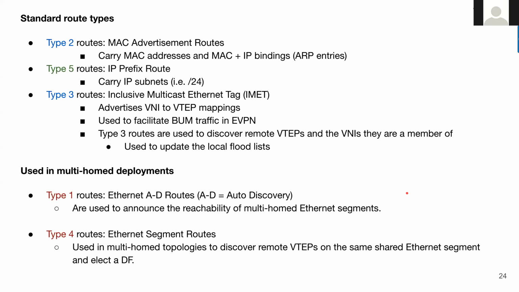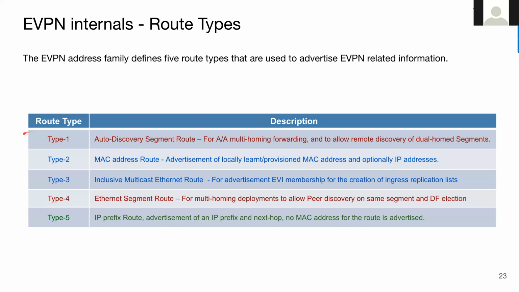Do you support type 1 and type 4 in Arista? So type 1 and type 4 are used for multi-homing. Type 1 is for forwarding and remote discovery. I'm going to have to add some verbiage to this because I think it's a little bit confusing. Type 4 definitely is it.